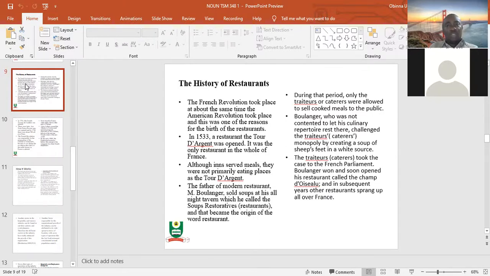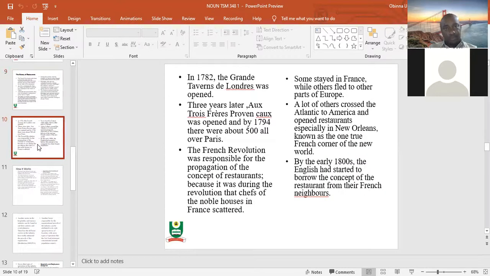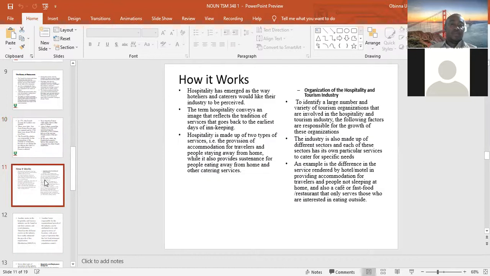We have also looked at the history of restaurants, from the French Revolution to the time of the American Revolution in the 1533, growing to the point of the early 18th centuries.